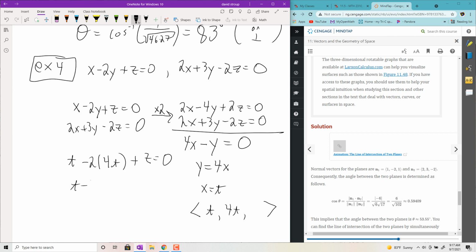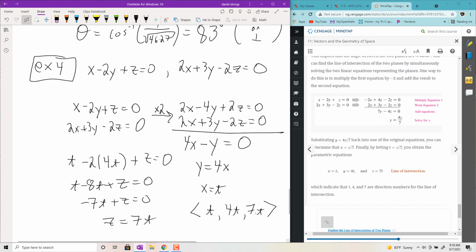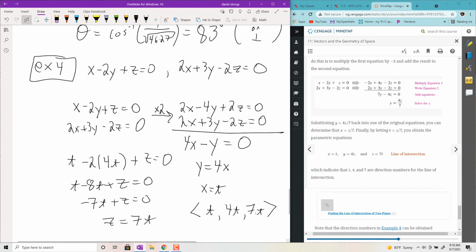So t minus 8t plus z equals 0, so negative 7t plus z equals 0. Then you can add 7t to the other side. Then you get the vector valued equation that you see in the book. I probably did it a little differently than the book, but it's the same idea.